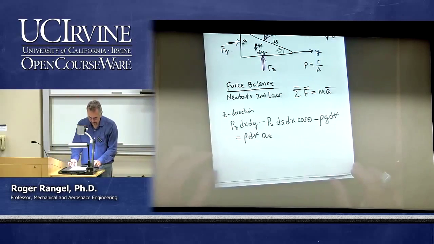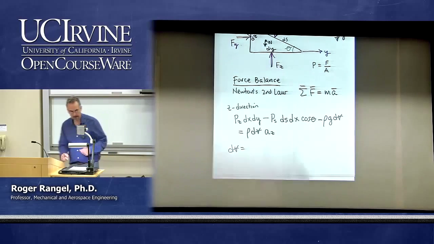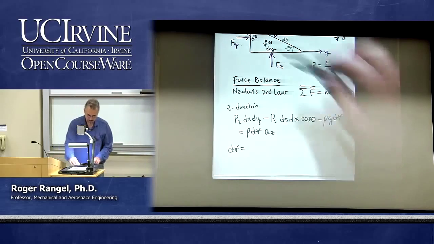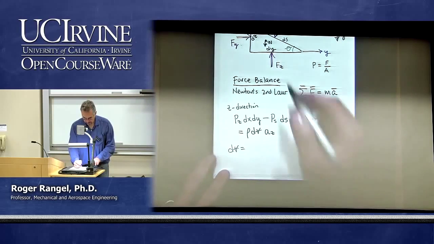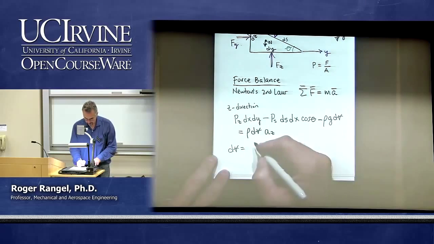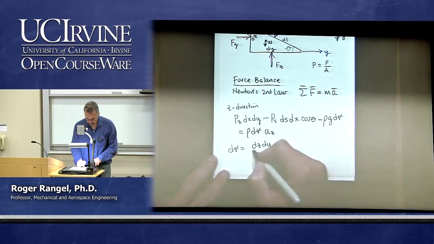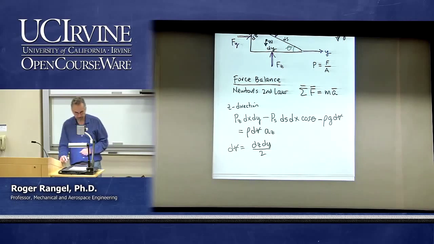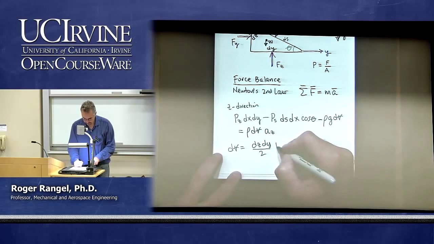Now, what is the volume of this element? Well, the area of this triangle is dz times dy over 2 times the width into the paper, which is dx.